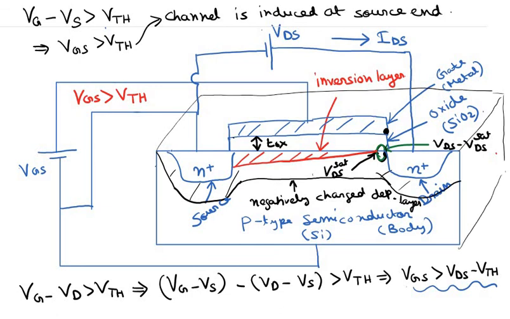Okay, and this source and drain basically extends in this direction. So W is basically the width of this channel in this dimension over here.